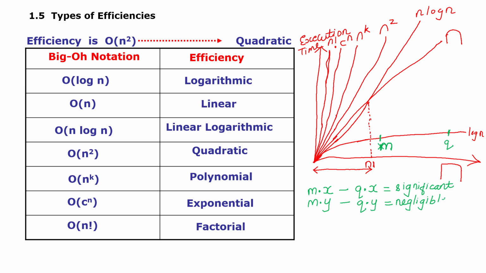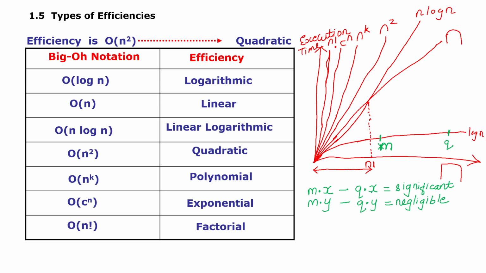Now, if you know how to read graphs, can you derive a conclusion from what I just wrote in green color? The conclusion is that, please realize that on the x-axis you have n, the number of elements on which the algorithm works, and on the y-axis we have execution time. So what is the meaning of all this?